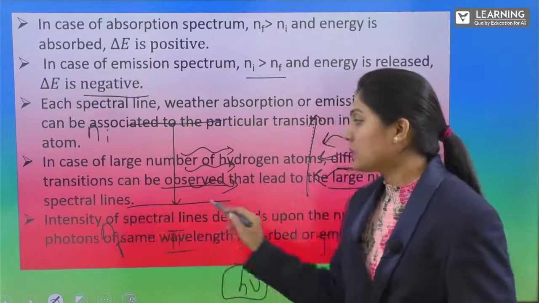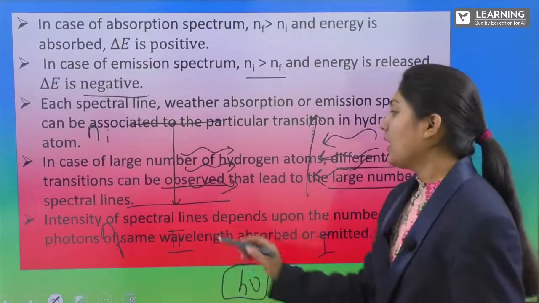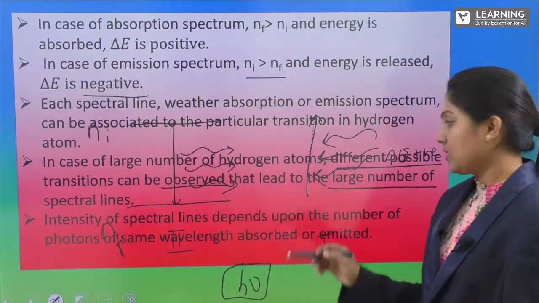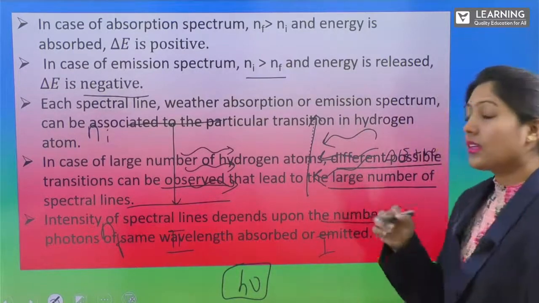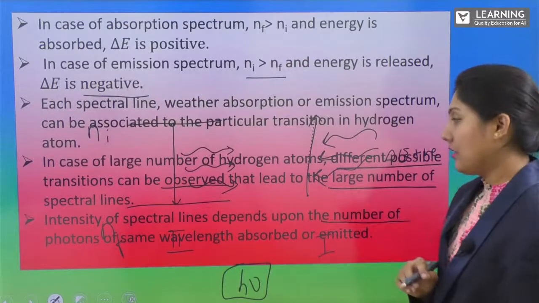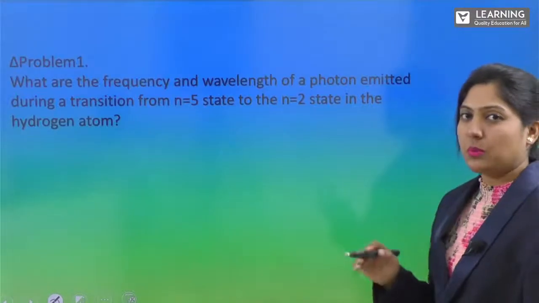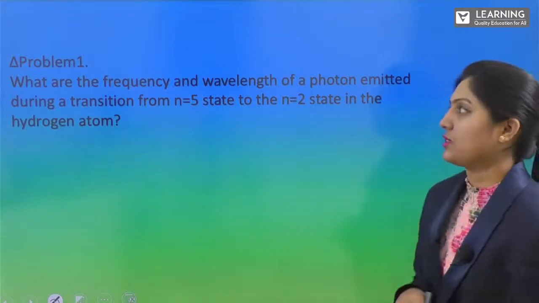The intensity of spectral lines depends on the number of photons falling on the electron. Also, if you have the same wavelength of photons, you should remember that the number of photons matters for the intensity of the spectral lines, either in absorption or emission spectrum.